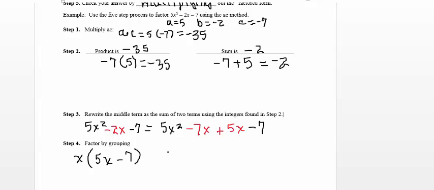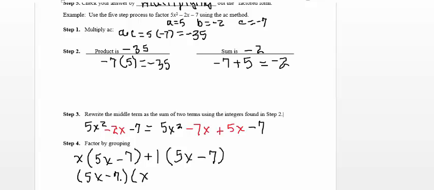Now, whatever the last two terms are, we need to factor a GCF out of them that also multiplies times 5x minus 7. But notice the last two terms are 5x minus 7. So that means we're multiplying that by positive 1. The common binomial factor is 5x minus 7. And we're multiplying that in first position.